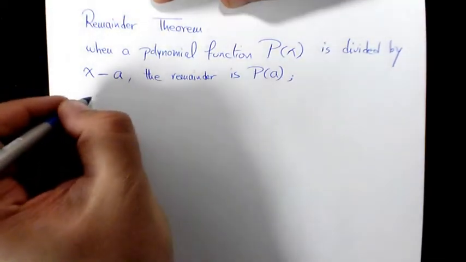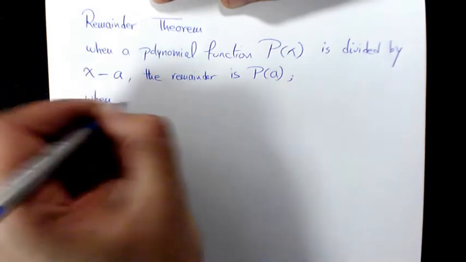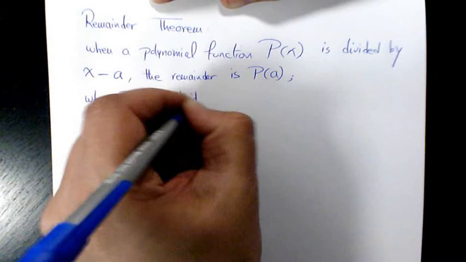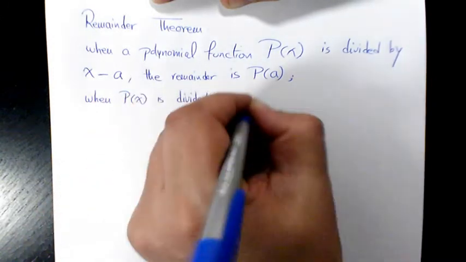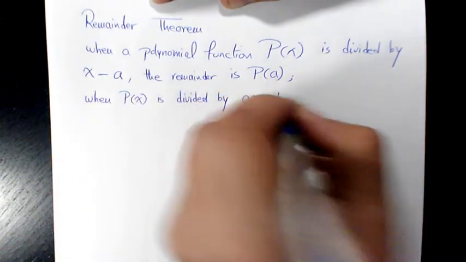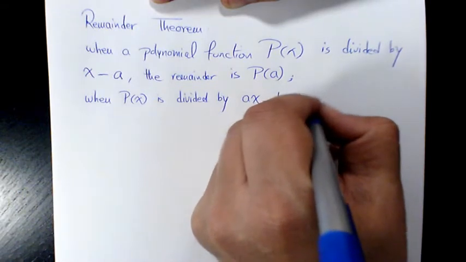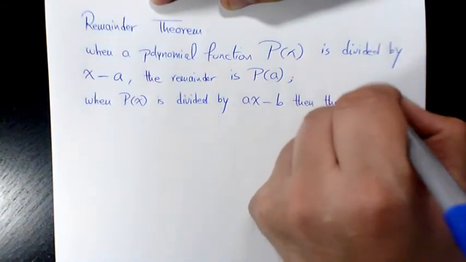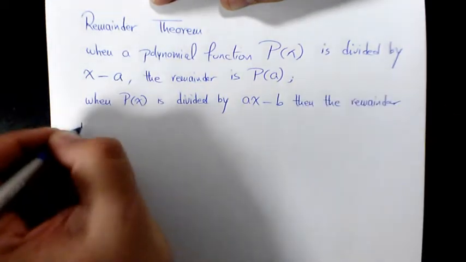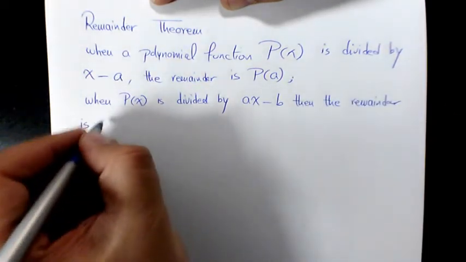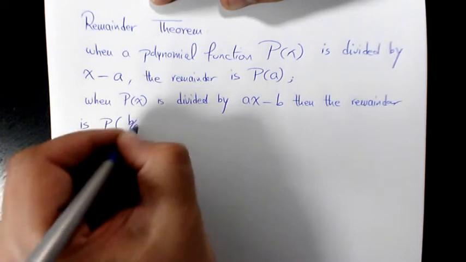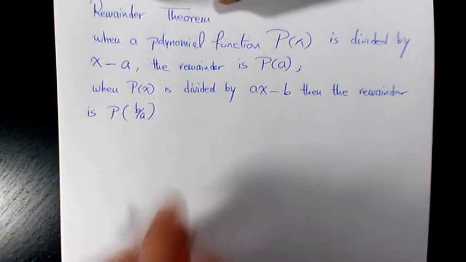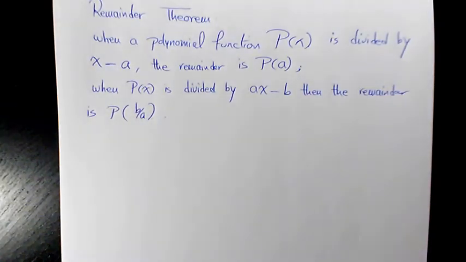And we can say when p(x) is divided by ax subtract b, then the remainder is p of b over a, where a and b are integers.